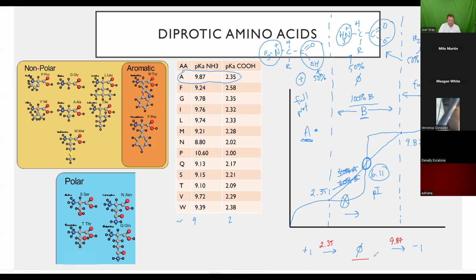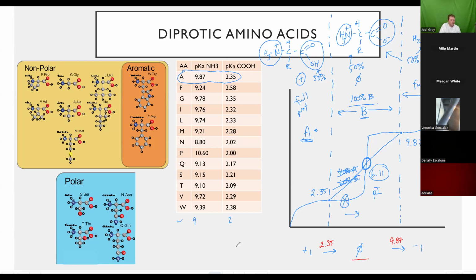The significance of this is really more in the charges and a little less in the pKa values. I've found the pH, related to my pKa, where my molecule goes from +1 to 0, and my other pKa, where my molecule goes from 0 to -1. Those are 2.35 and 9.87 respectively.